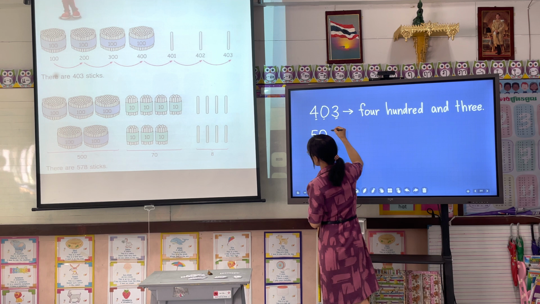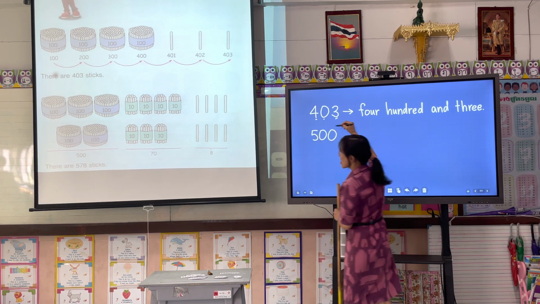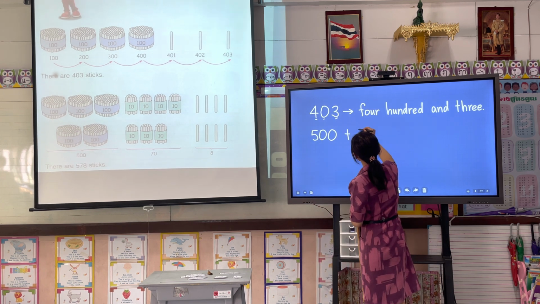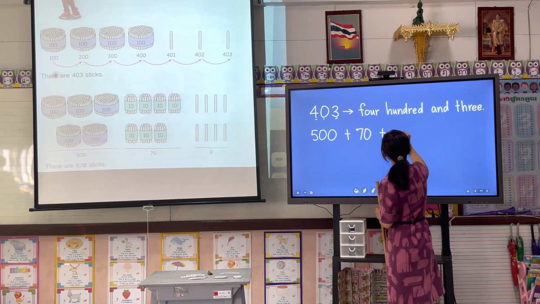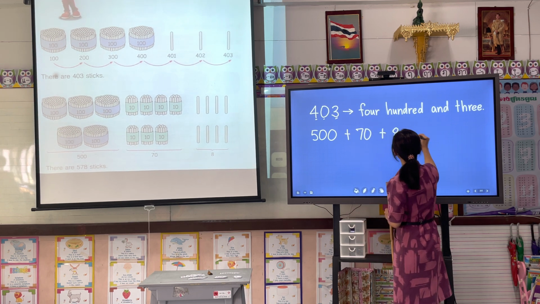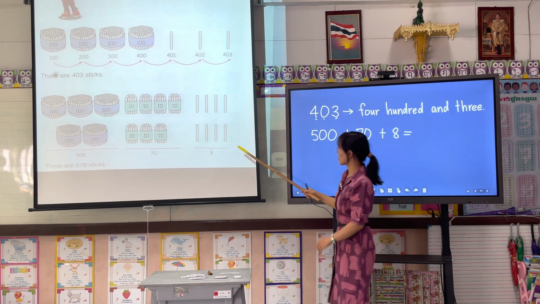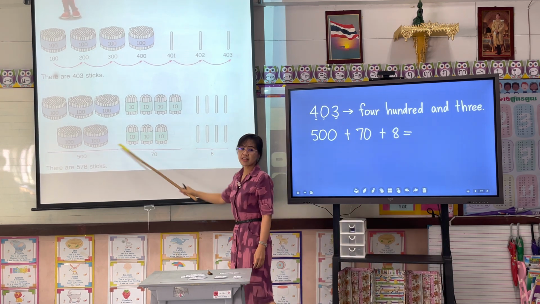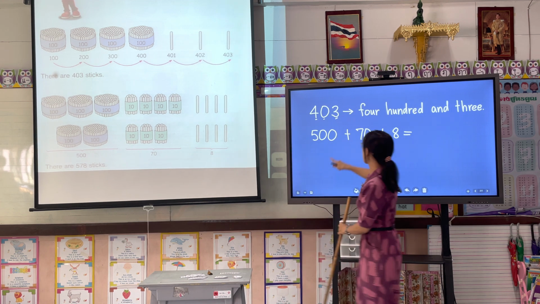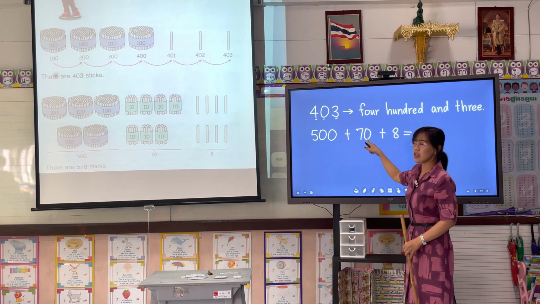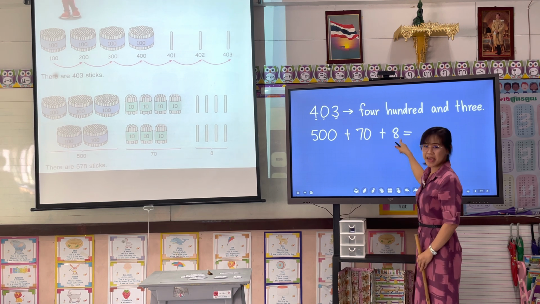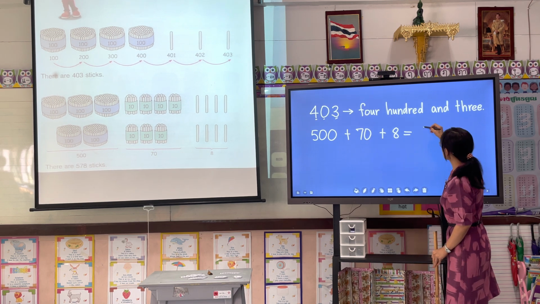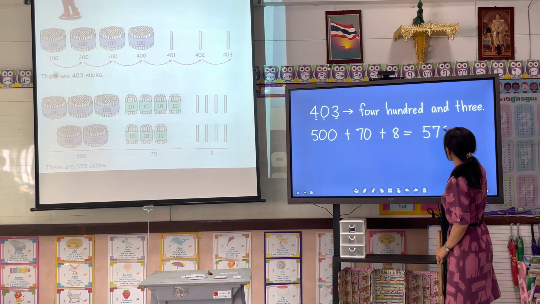You can do addition. 500 plus 70 plus 8. How many sticks are there? So 500 plus 70 is 570, right? Plus 8. That is equal to 578.